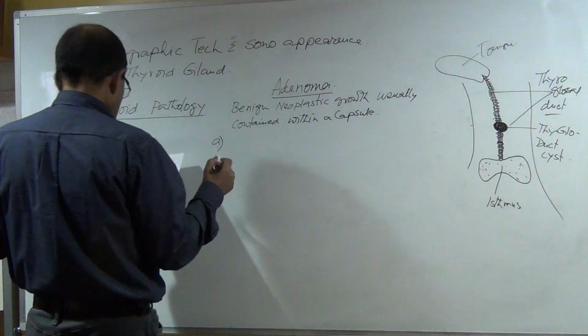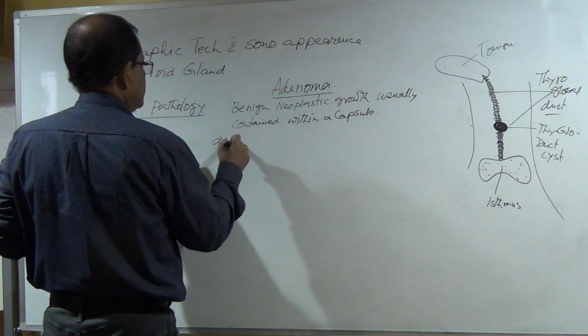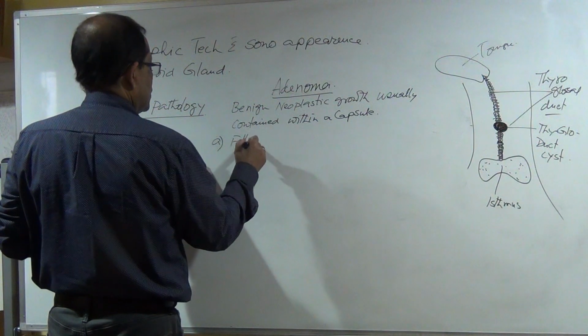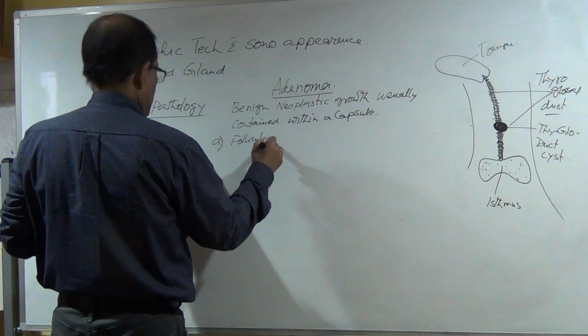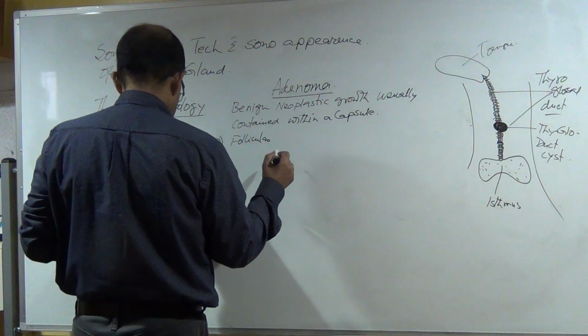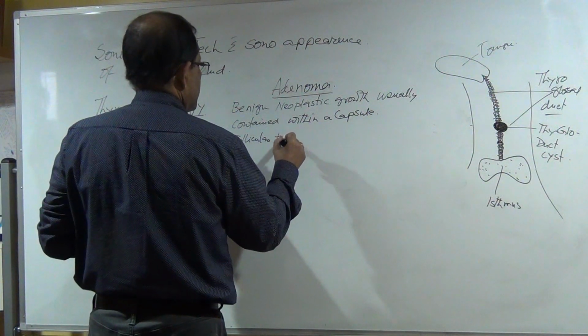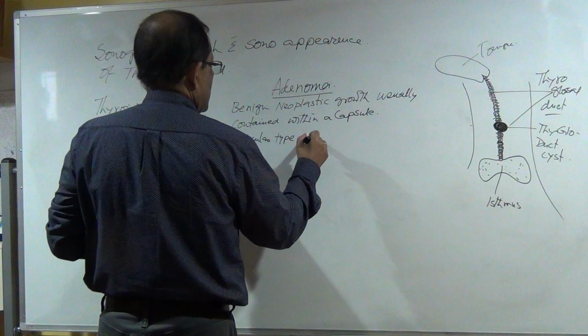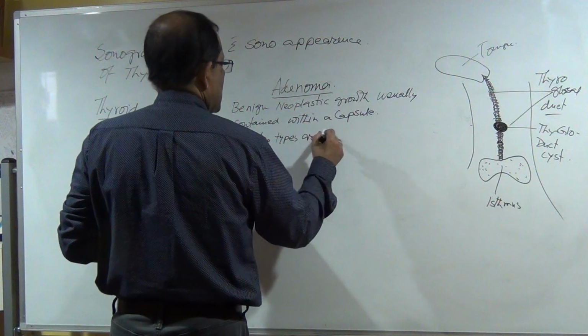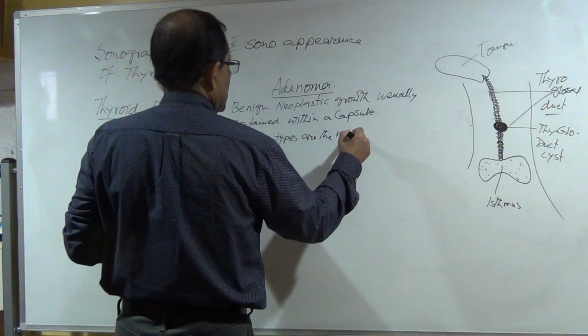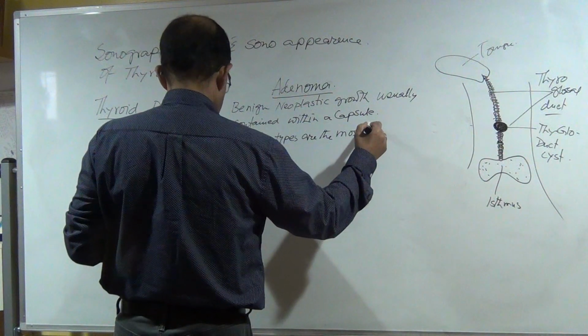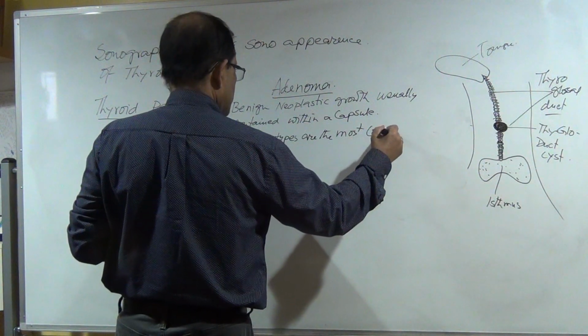So usually it grows from the follicular type, which are the most common.